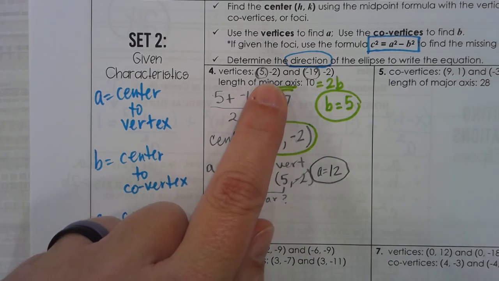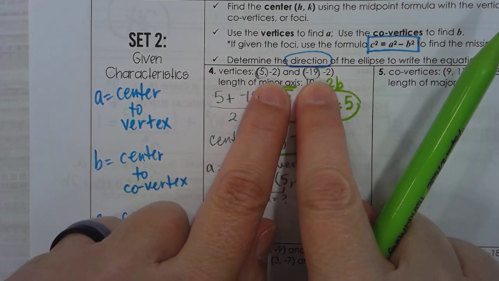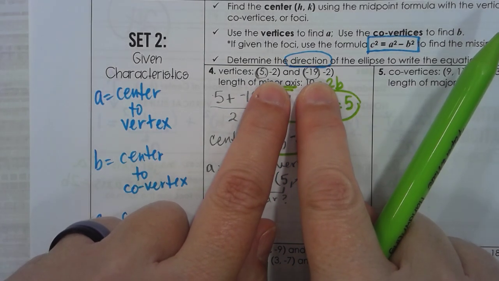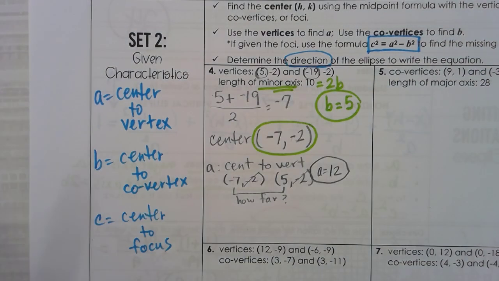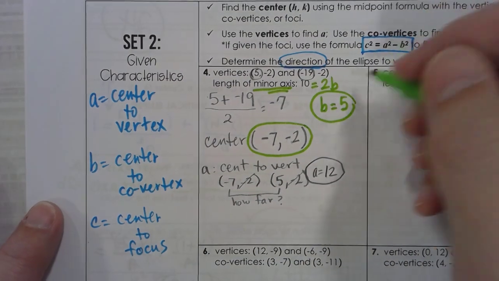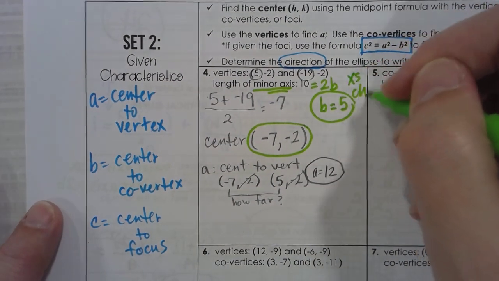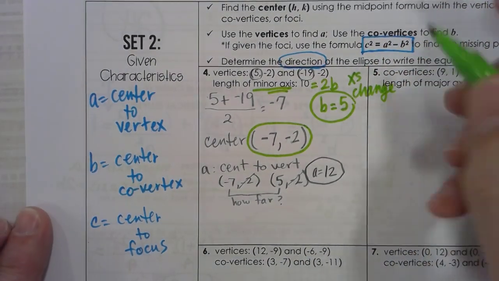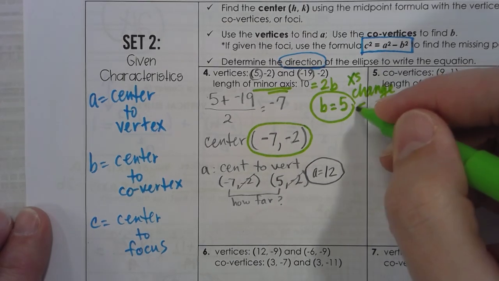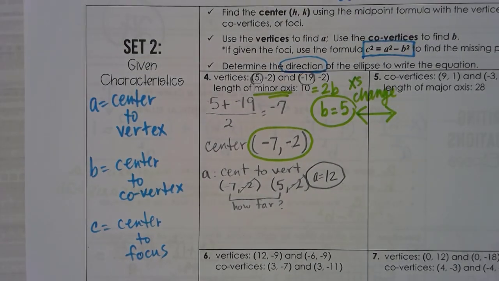Okay, so on our vertices, which values change? The x's change. So since the x's change, that means our ellipse is going to be horizontal, because those x values determine how far out we go from left to right.